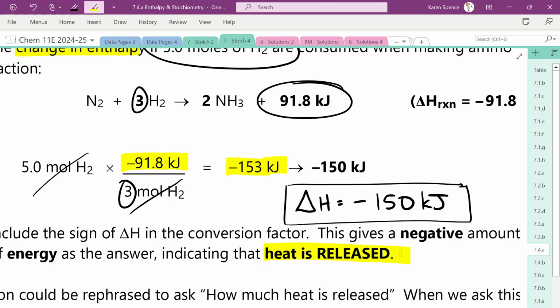That doesn't make any sense. The released part is taking the place of the negative sign. The negative sign is because we're looking at what was the change. When we say how much was released, we're going to give the absolute value, because it doesn't make any sense to say I released a negative amount of heat.